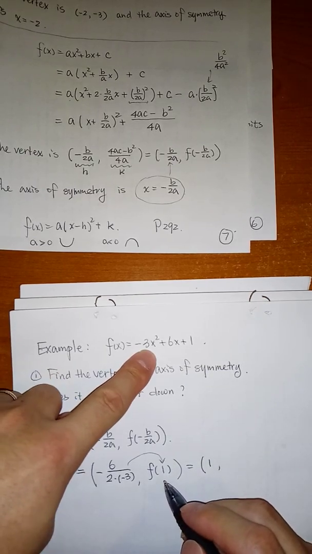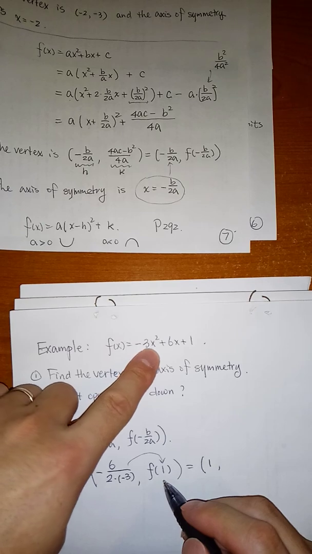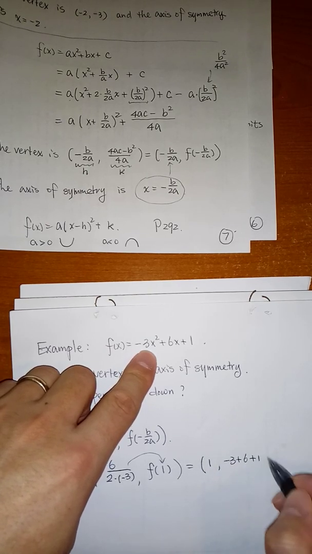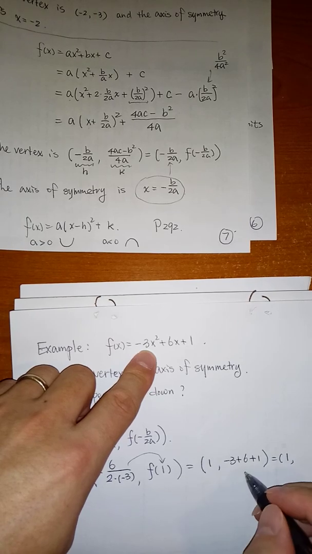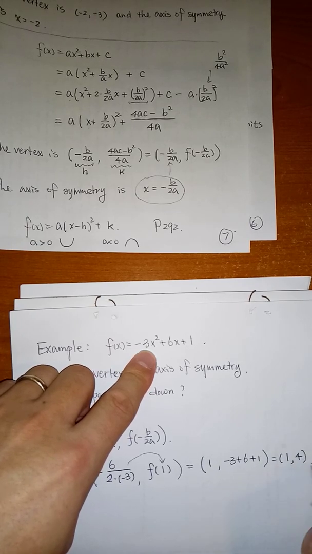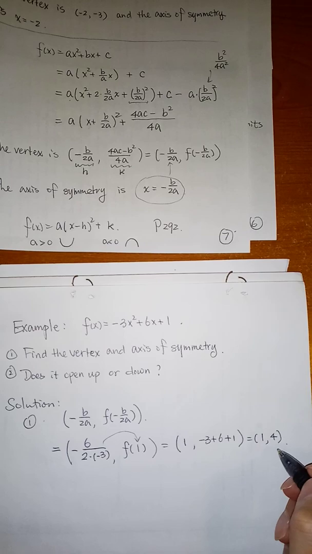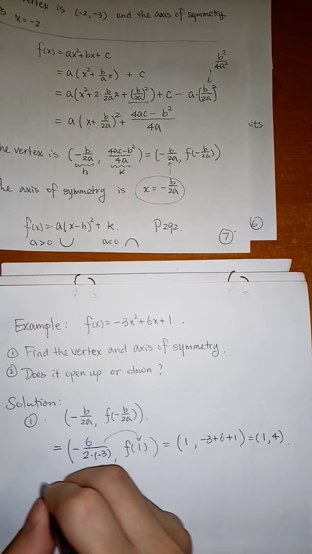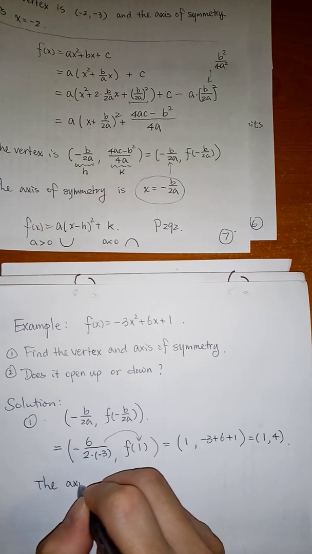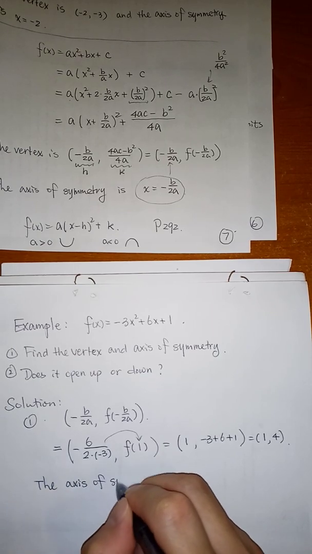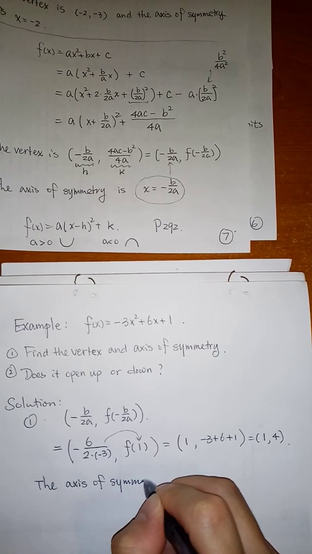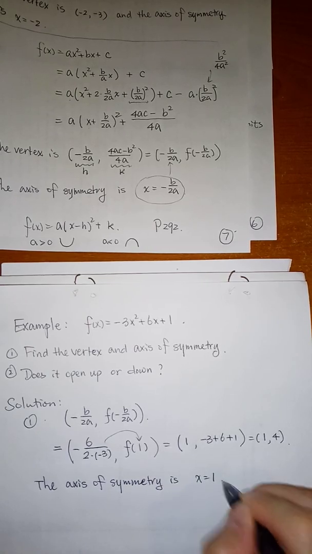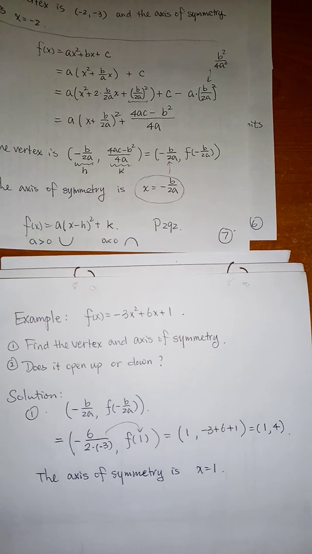F of 1, you let x be 1. When I have x equal to 1, negative 3 plus 6 plus 1 is 4. So this is the vertex. The vertex is (1, 4). And the axis of symmetry is x equal to 1.